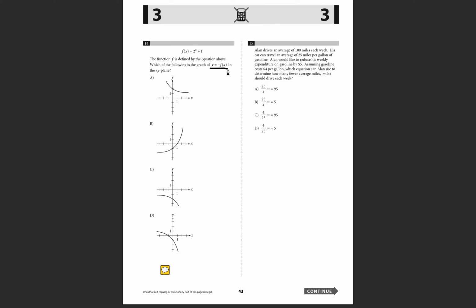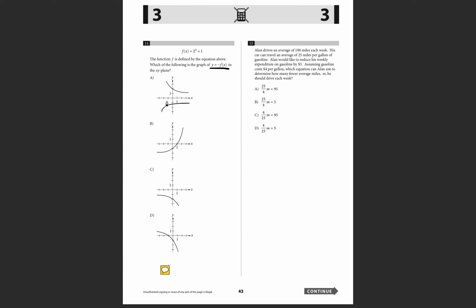So as for y equals negative f of x, you can just think about the symmetry. If it's negative f of x, meaning for every original value of y, it becomes the negative of it. So if this is the original function, it will be like this, symmetric to the x-axis.